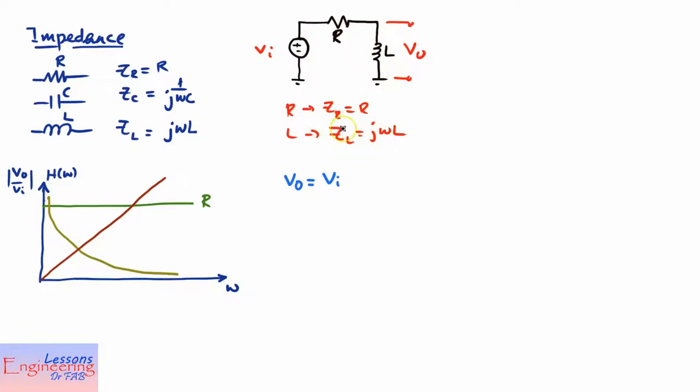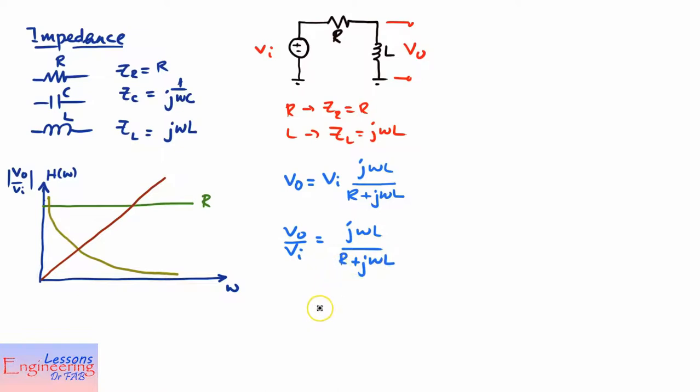The inductor impedance is j omega L, over the total, which is R plus j omega L. Once we know this, we are interested in the part of the solution which either amplifies or attenuates our input to give us our output. So we're interested in the ratio of output over input Vi, which is j omega L over R plus j omega L.